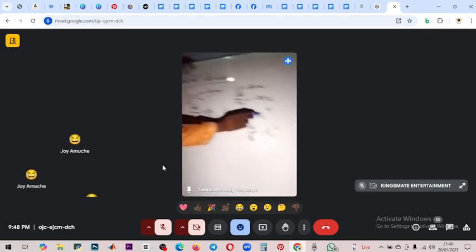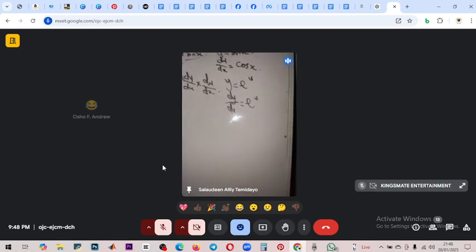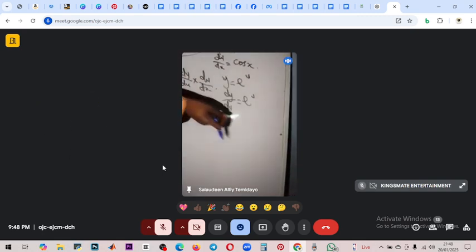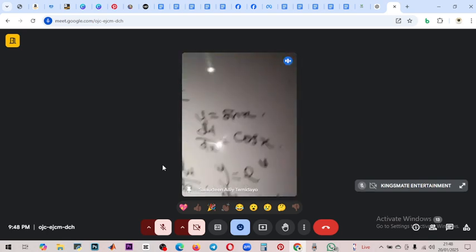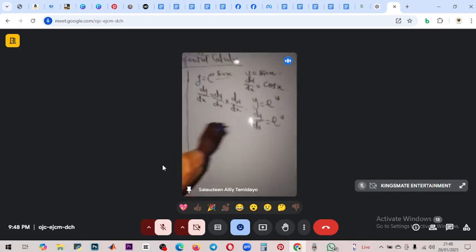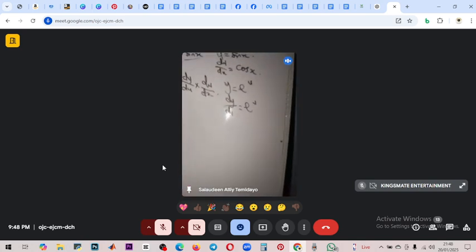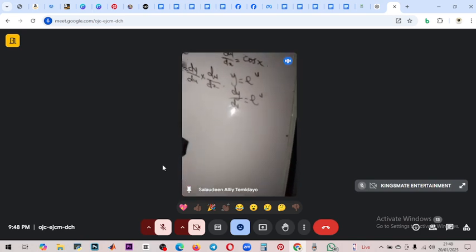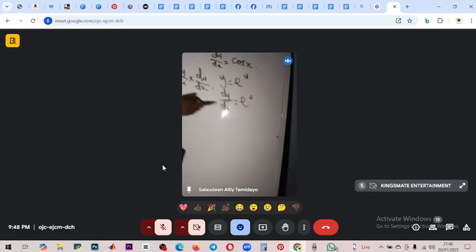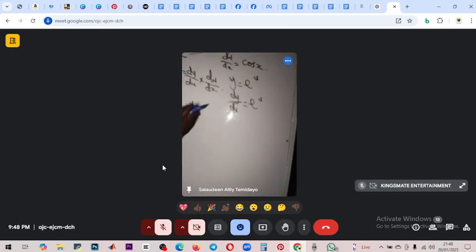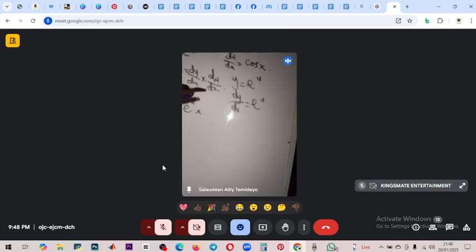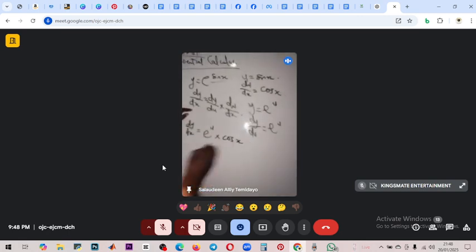So, the derivative of e raised to power u is still going to be e raised to power u if that is not a composite function. So now we can find dy/dx by saying dy/du, which is e raised to power u, times du/dx, that is cosine x.